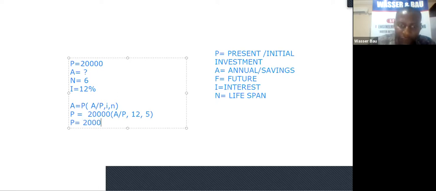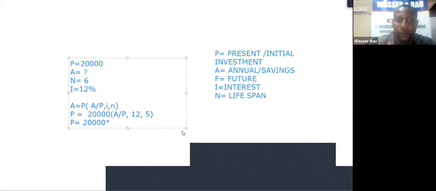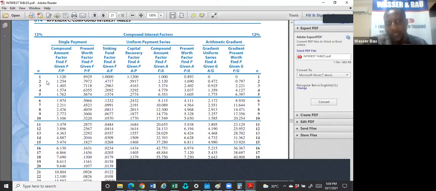So that will be 20,000 multiplied by, so I'll go to my interest table now. I'll go to the interest table at 12%, 5 years, and find A given P, capital recovery of the $20,000 investment.